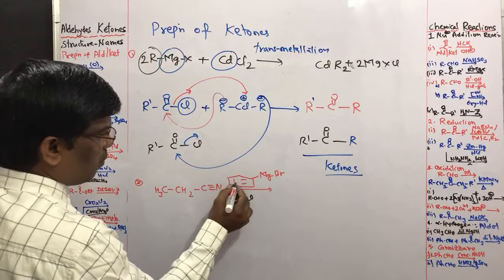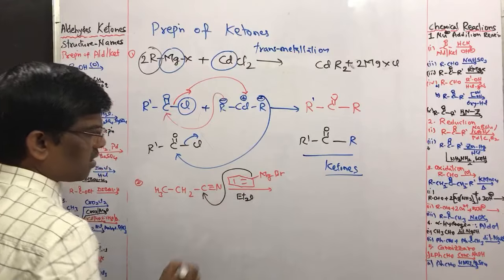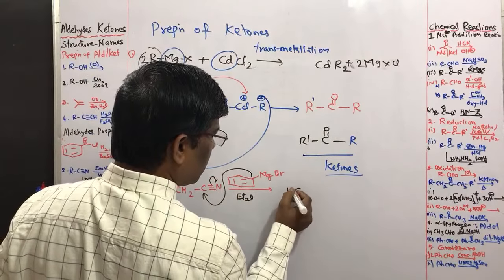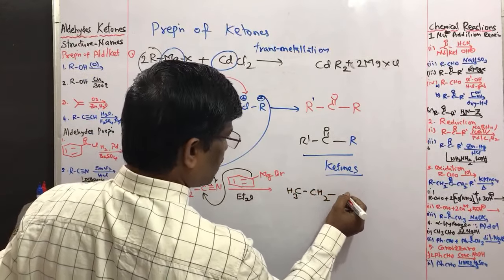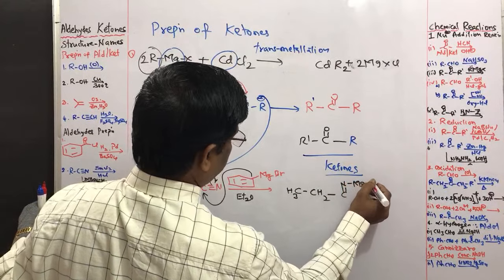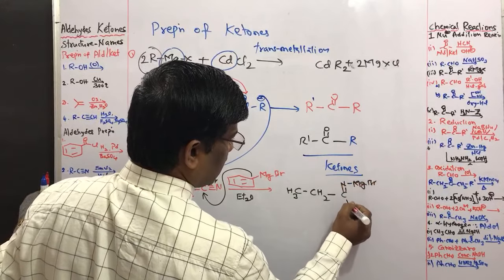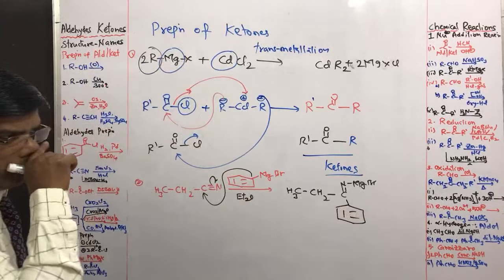So this phenyl group is going to add to this carbon, and we are going to get an imine as an intermediate, CH3CH2C=N, and this is magnesium bromide, and the remaining is the benzene ring.